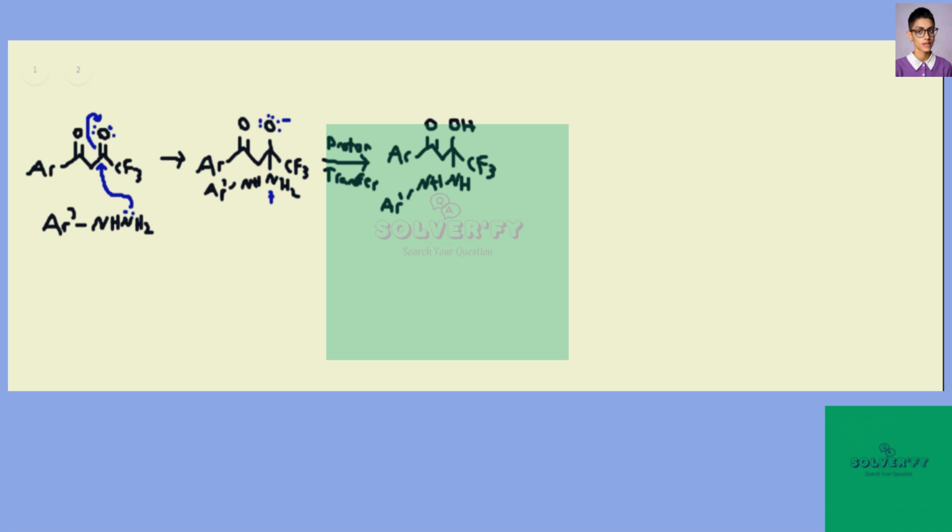So from here, what needs to happen, and we are told in the problem that there is HCl in this reaction, so this alcohol is going to be protonated. So it's going to grab that acidic proton.